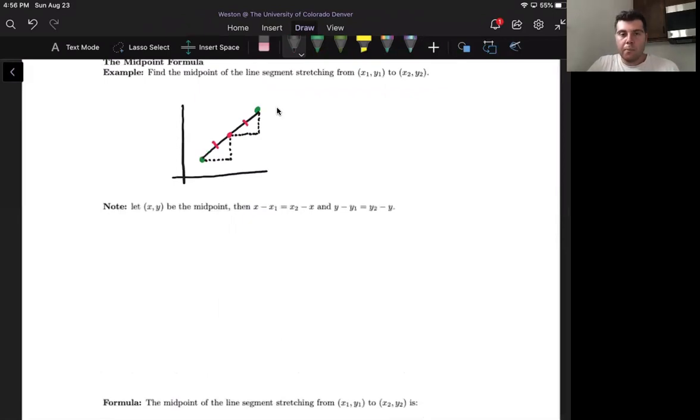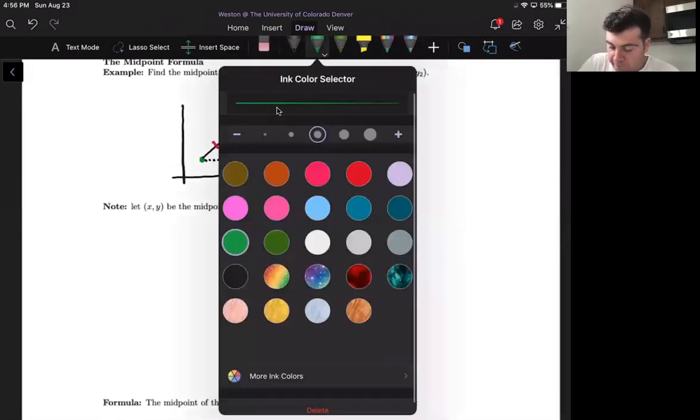All right, so when we draw these two triangles, we notice that we have two horizontal lines that are parallel, since all horizontal lines are parallel.